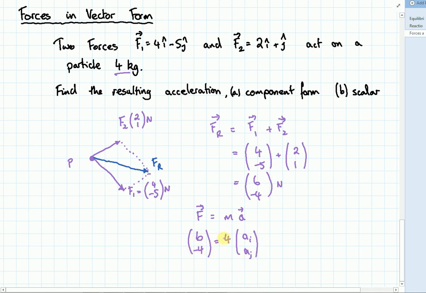Divide both sides by 4, and we get (ai, aj) is (1.5, -1). And that's meters per second squared.